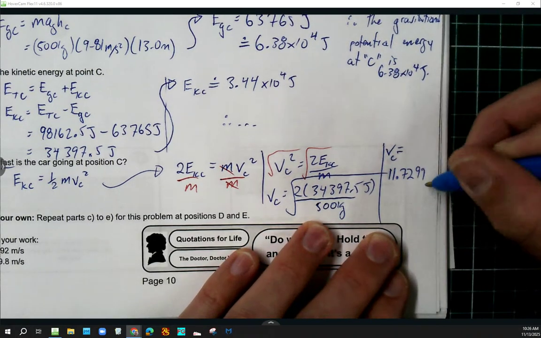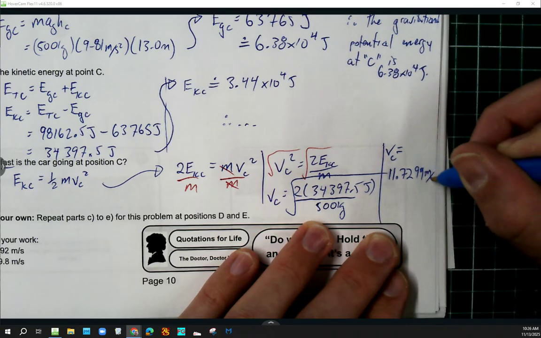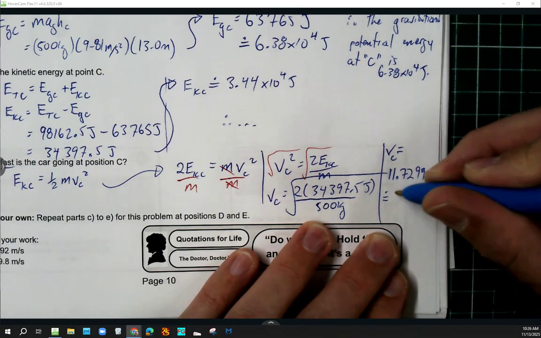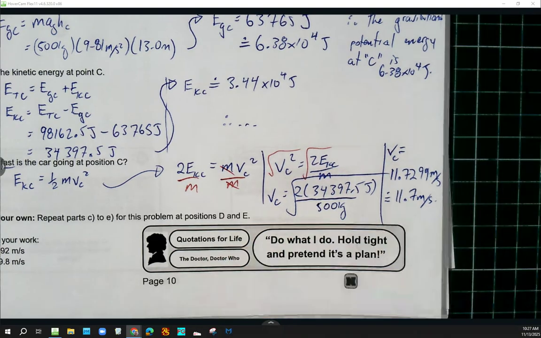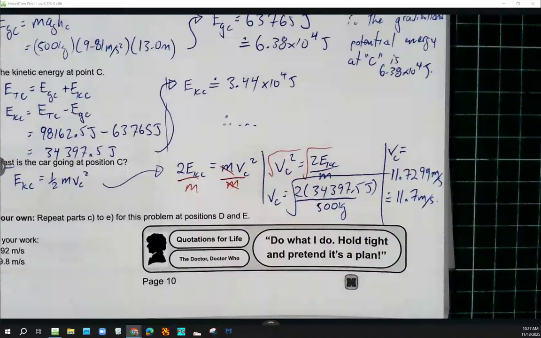Nice. 11.7299 meters per second, or we could say approximately 11.7 meters per second. Now that's still pretty fast going around this loop. But roller coasters are a thrill, so we'd have to do some research to figure out if that's realistic or not, right? But 11.7 meters per second based on the values that we've got.